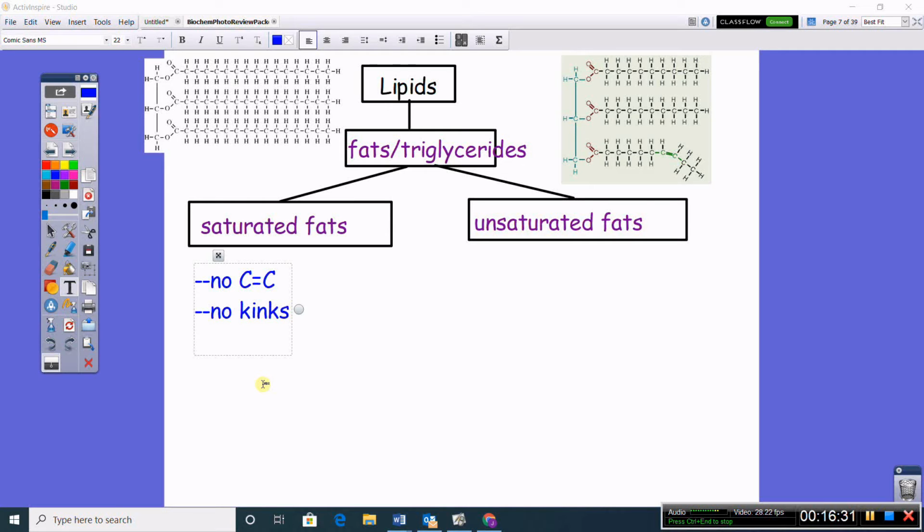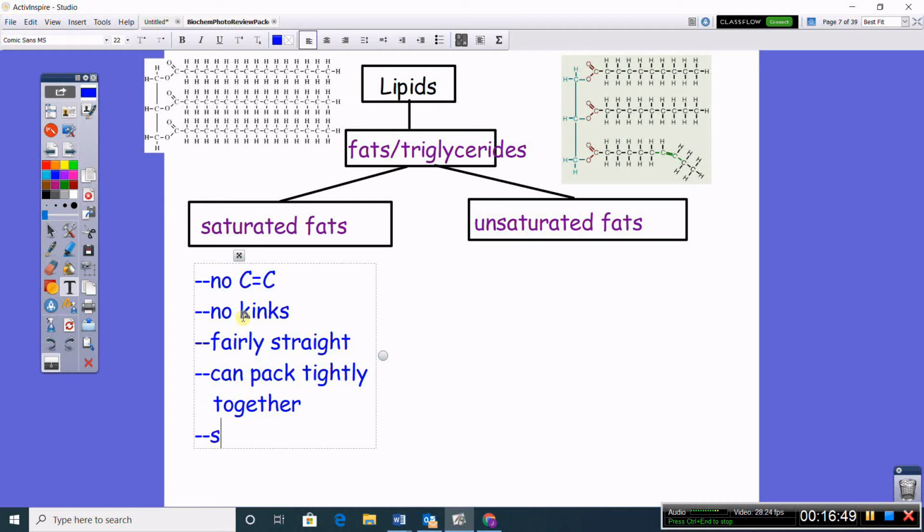So because there are no kinks in their chain, they tend to be fairly straight, which means they can pack tightly together, which means these are going to be solids at room temp.